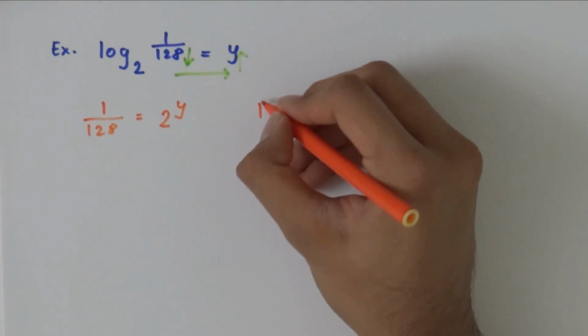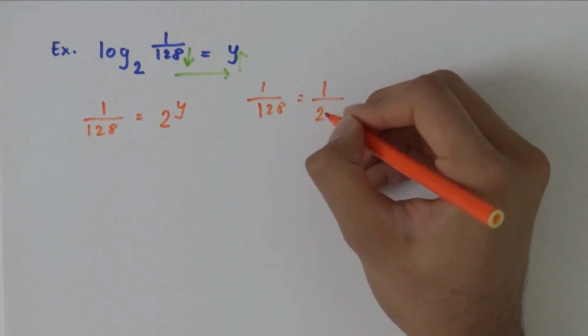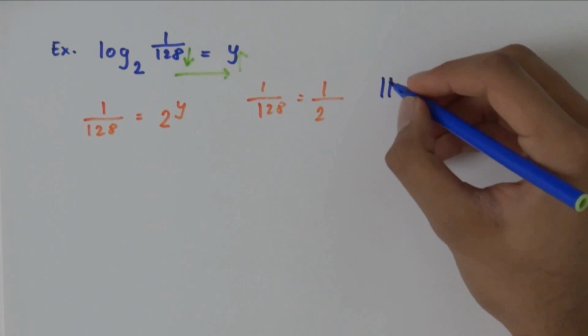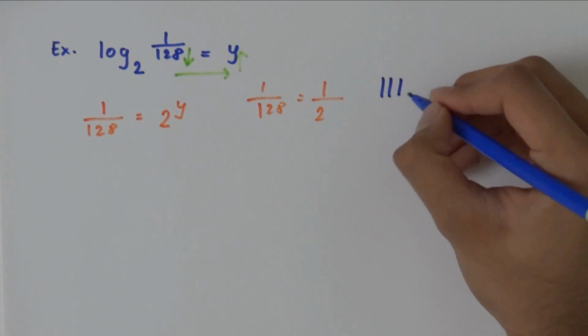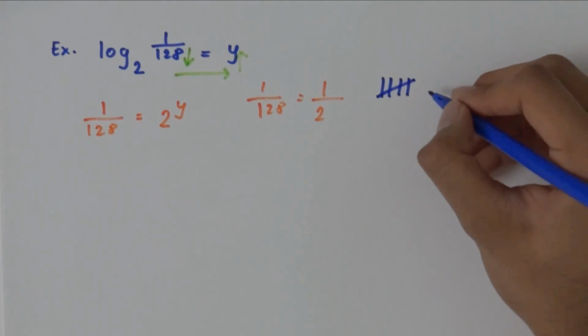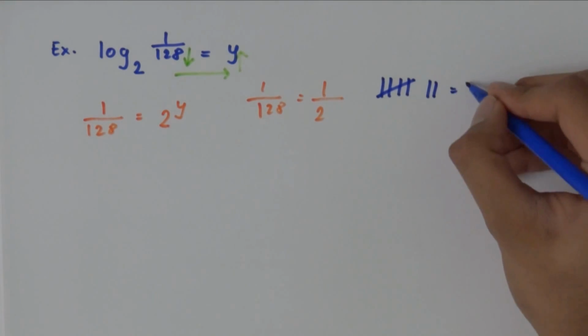So 1/128 is equal to 1 over 2 to the power, let's try using this form. 2 times 2 is 4, times 2 is 8, times 2 is 16, times 2 is 32, times 2 is 64, times 2 is 128. That's equal to 7.